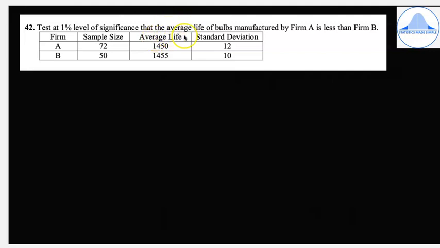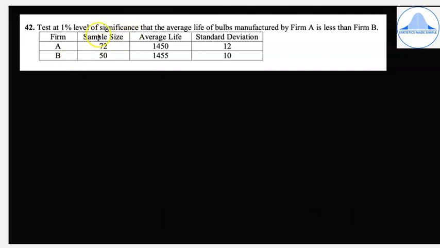The word average is present, and in the table which is given, you have two firms, firm A and firm B. The sample sizes for the two firms are 72 and 50, the average life for these two samples is 1450 and 1455, and the standard deviations are 12 and 10. Because of the words average and standard deviation, and that we have two firms, the test is a test for equality of means, and it is a large sample test.